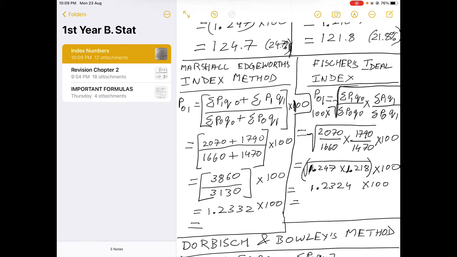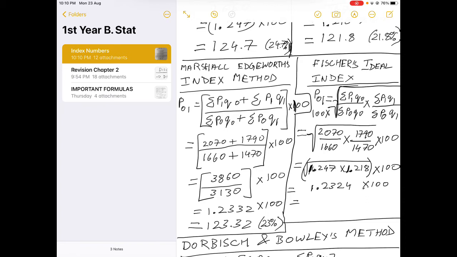So this gives me 3860 divided by 3130 into 100, which is 1.2332 into 100, which gives me 123.32 as my index number, which means approximately 23% inflation.